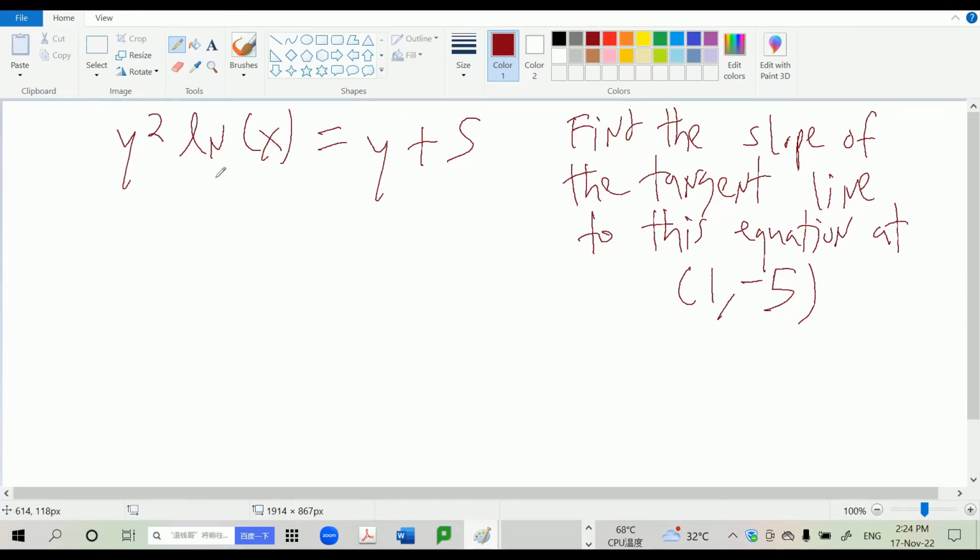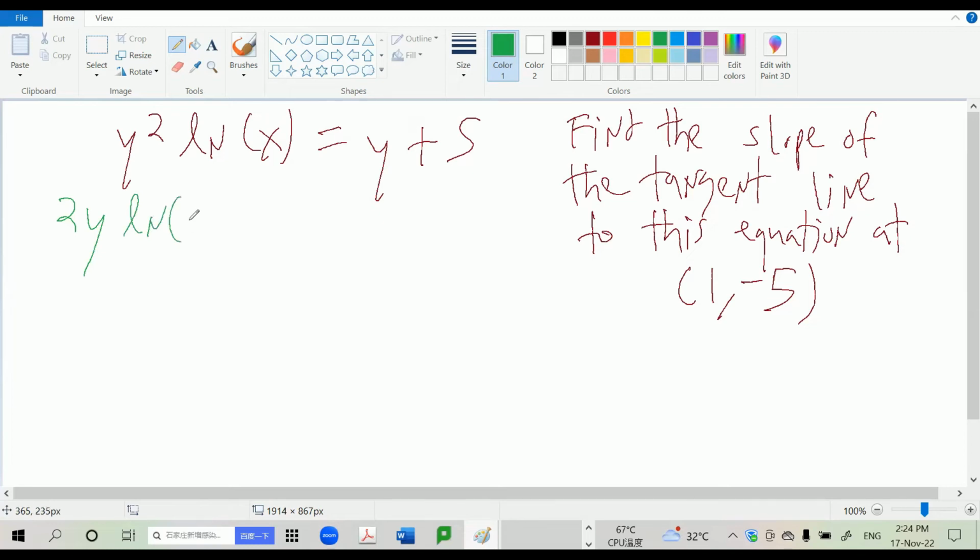So again, start with exactly what you see here, right? And then go ahead and do the shortcut version of the implicit differentiation. So I'm going to write that now in green. Now, the derivative of this part here, I would need to use the product rule because it's y squared multiplied by natural log of x. So do the derivative of the y squared first. That would just simply be 2y. And then this carries over.